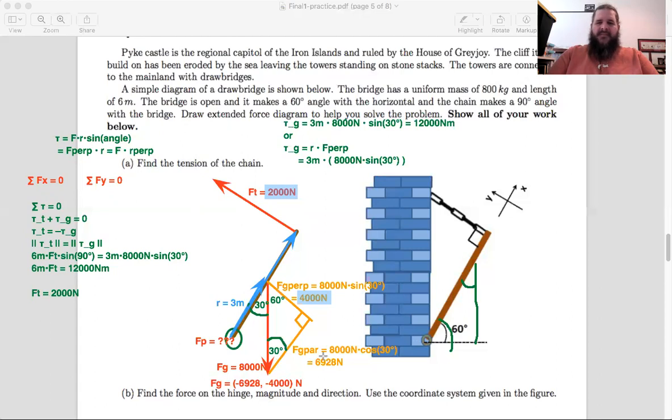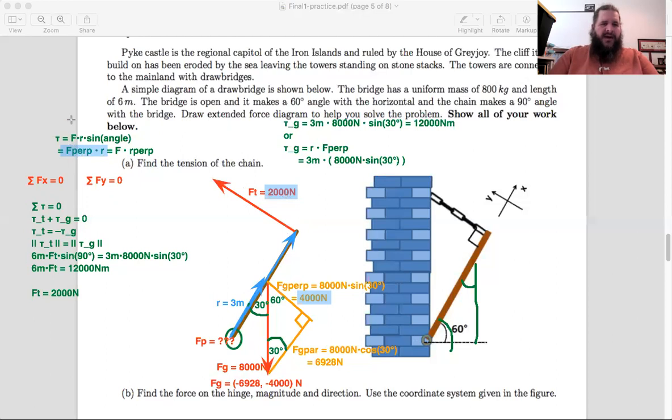Casey, I have a question. Yeah, go ahead. Where did you get the sine 90, where it's like 6 meters times force of tension? Why do we need the sine 90? I thought it was just like R times F perp. Yeah, we could write it that way as well. We could say R times the perpendicular component of force. R is 6 meters. And since the tension force is perpendicular, the 2,000 newtons is all perpendicular component.